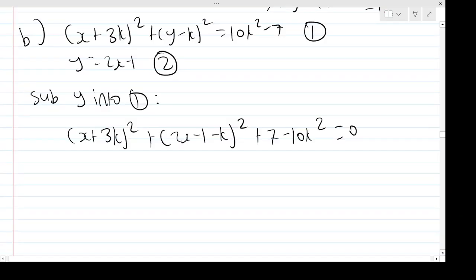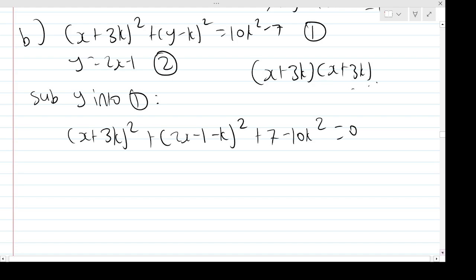Okay, but then I need to expand these brackets, very nasty brackets, and again you'll see why it's important to be sharp on your basic algebra skills. This one's not too bad really, but if you're a bit unsure, expand it manually to the side somewhere and go from there.